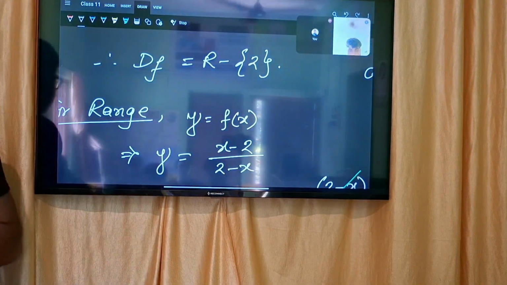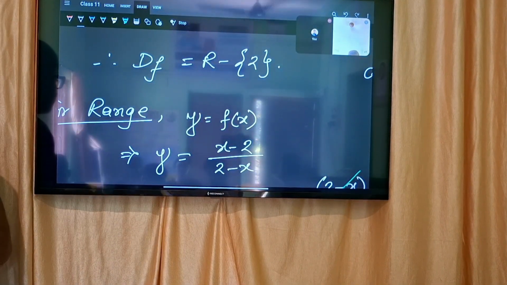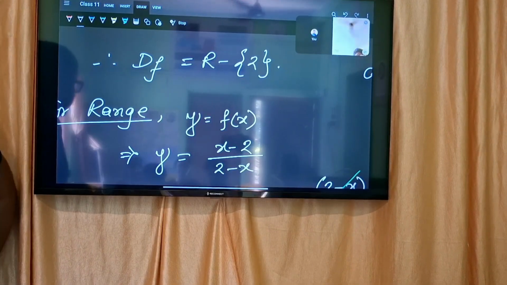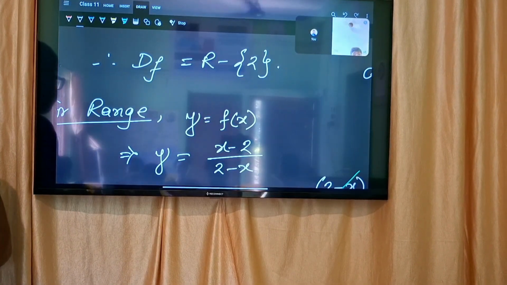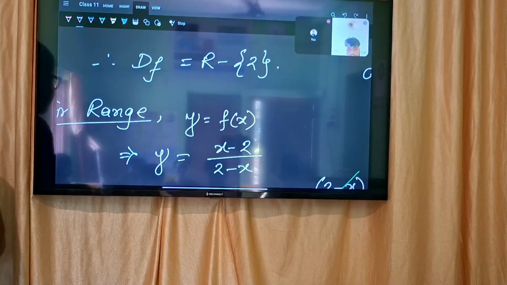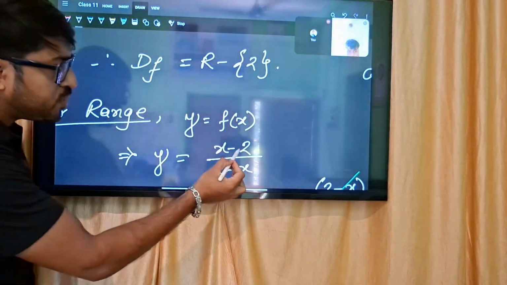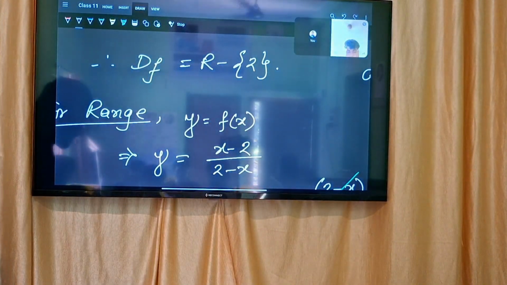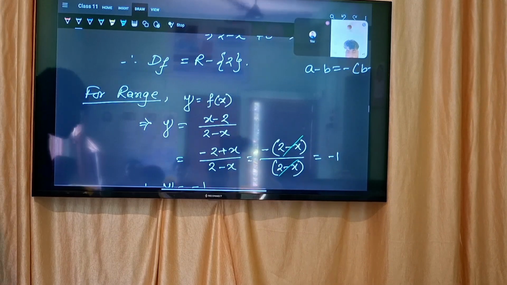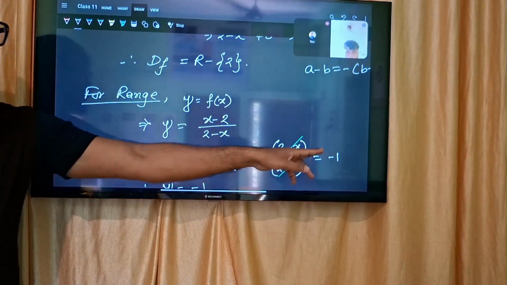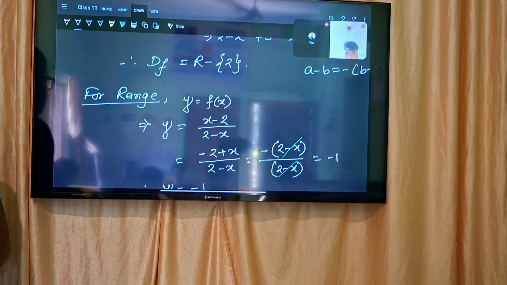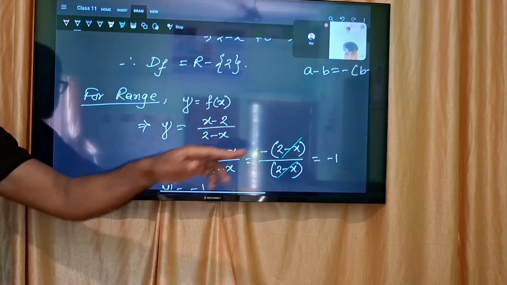What will be the value of y? Cross, very good, cross multiply. x minus 2 পরে আছে, নিচে আছে 2 minus x, একটা নেগেটিভ কমন নিলে they will get cancelled out, and then it will come minus 1. তার মানে y এর ভ্যালু কত? minus 1 আসছে.